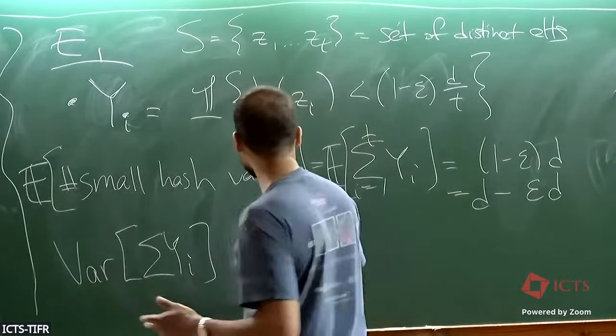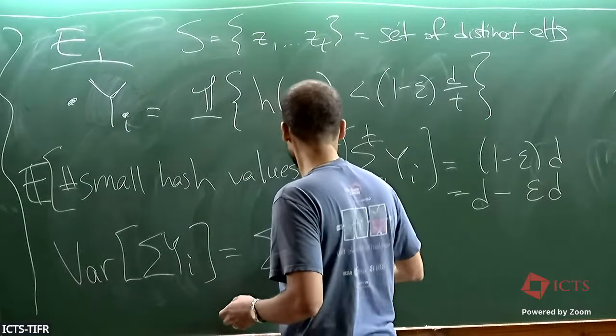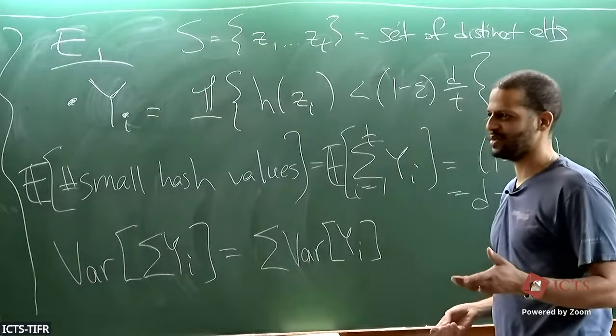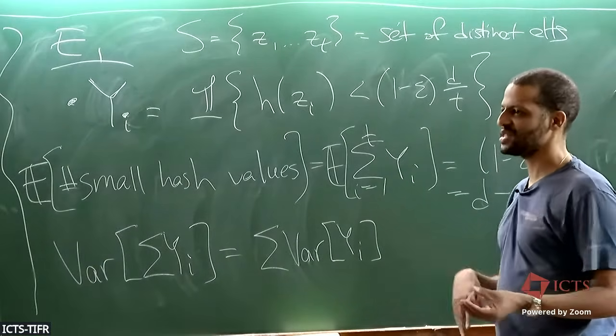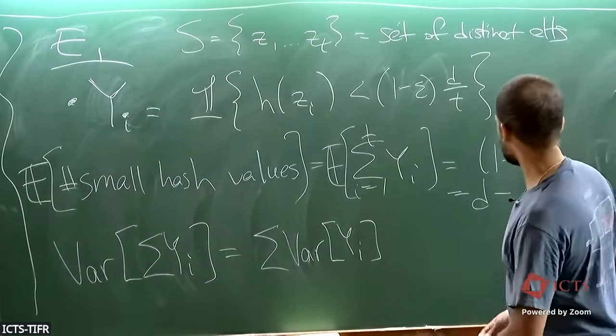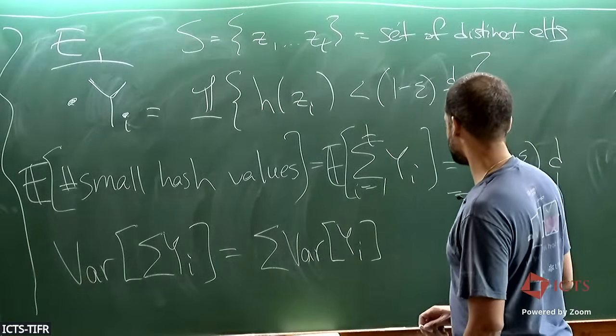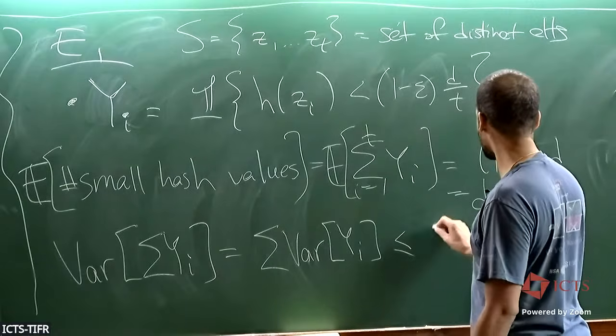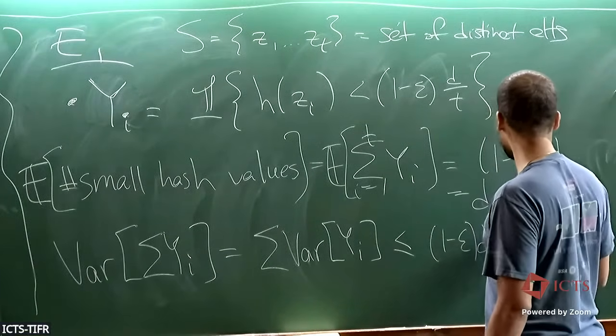This is going to be equal to the sum of the variances. But yi is a Bernoulli random variable, right? So the variance is at most its expectation. So this is less than the same thing, less than (1 minus epsilon) d. In fact, I'll just say it's less than d.